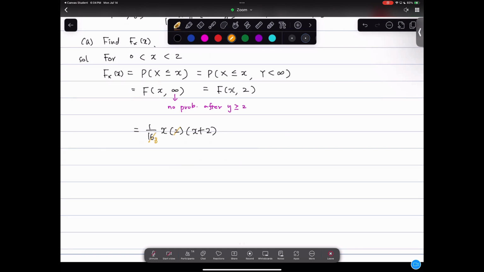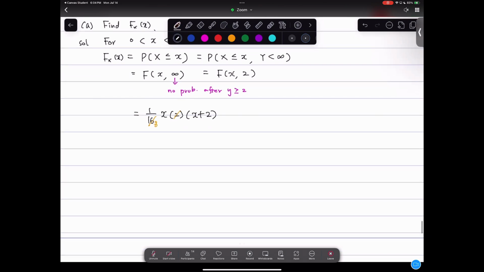So your CDF, let's get the proper CDF, is 1 over 8, x times x plus 2. So that is my CDF for x value from 0 to 2.